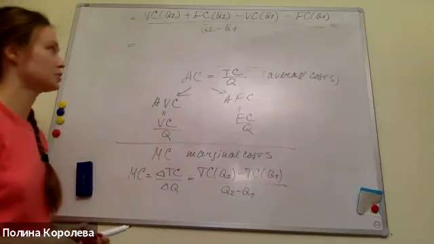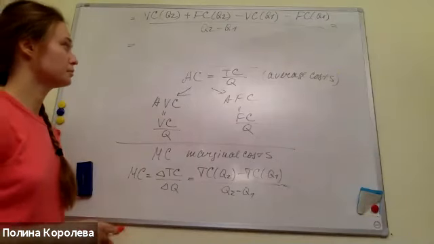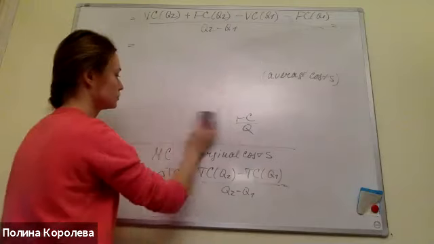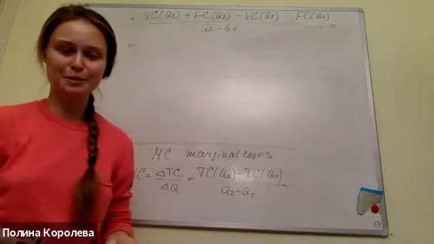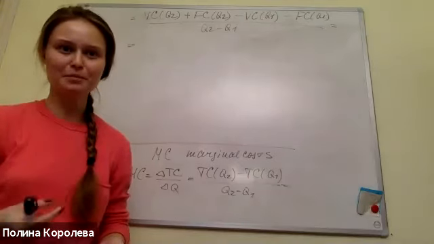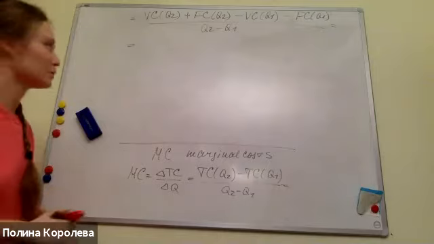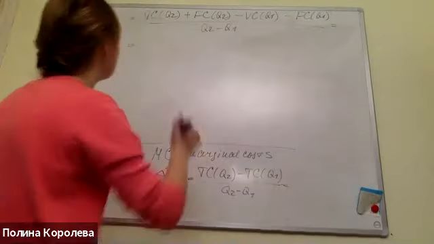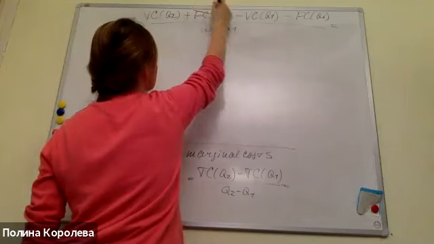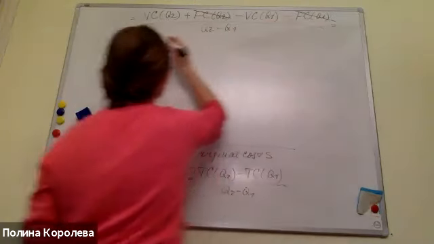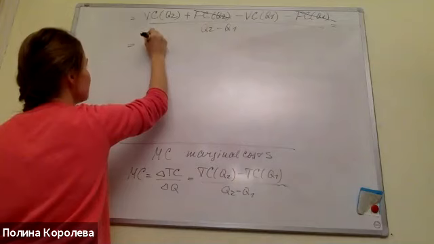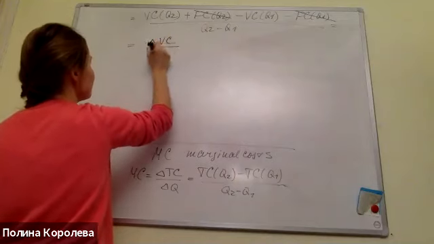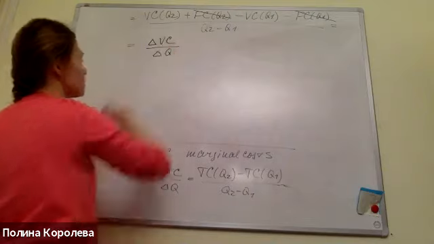What is the same? What does not change? Fixed costs, because they do not depend on quantity. They are the same whatever amount we produce. So fixed costs are constant. We delete them. And here what we have is the change in variable costs over the change in quantity.